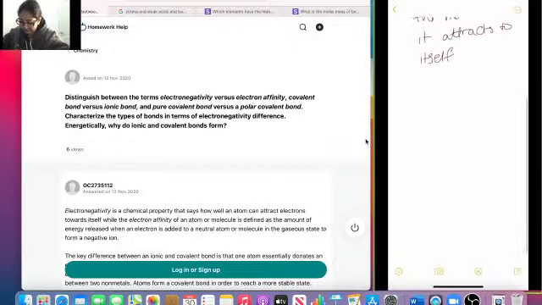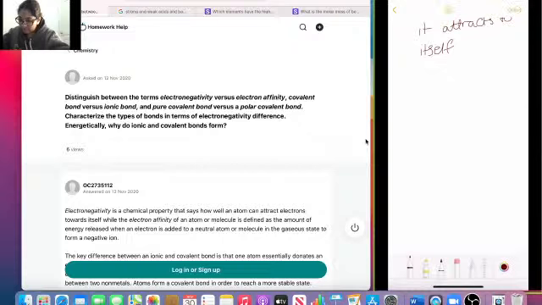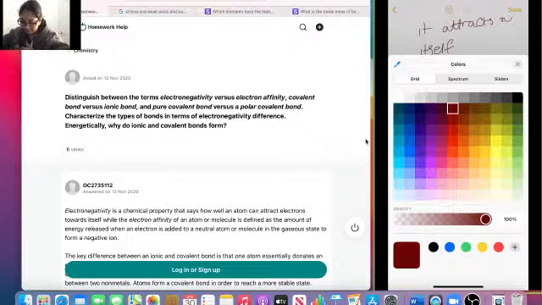It's basically a chemical property, whereas the electron affinity of an atom or molecule is defined as the amount of energy released when an electron is added to a neutral atom, or basically a gas atom, to become negative, right? When you gain electrons, the atom becomes negative.